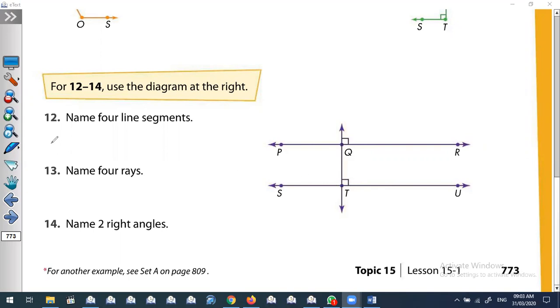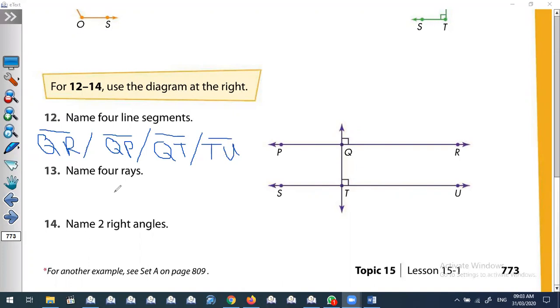I can write it like that, but you have to put the line segment symbol above. I can't take RU because there is no line between R and U. So it will be QR, QP, QT, and TU.